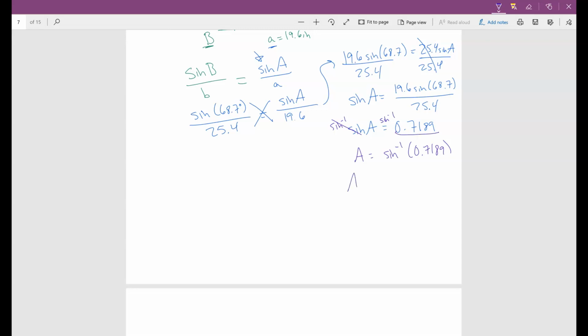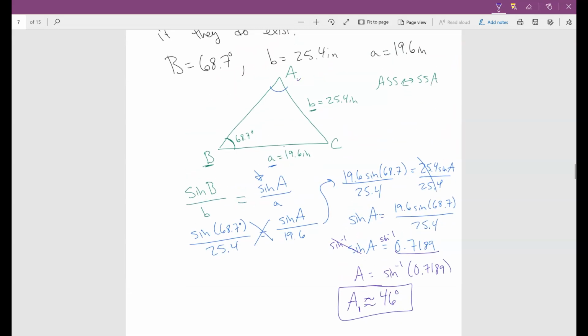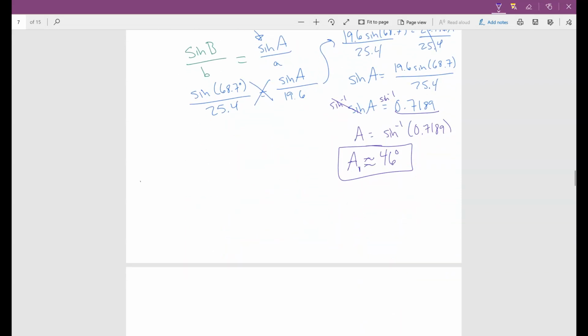Taking the sine inverse of 0.7189, I end up getting about 46 degrees. I'm going to call that A1, because it did exist. Now what we have to ask ourselves is, does a second triangle exist?